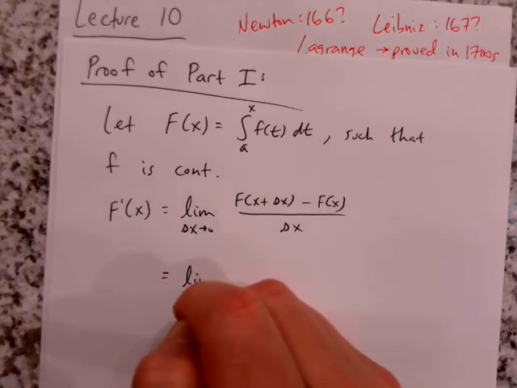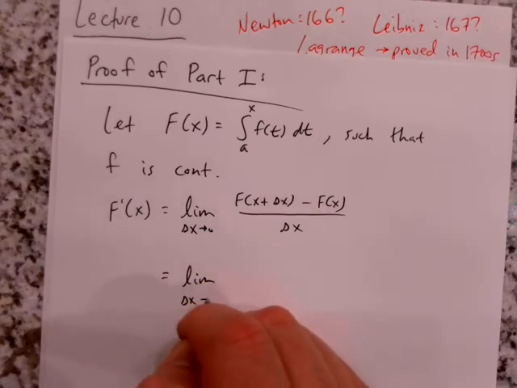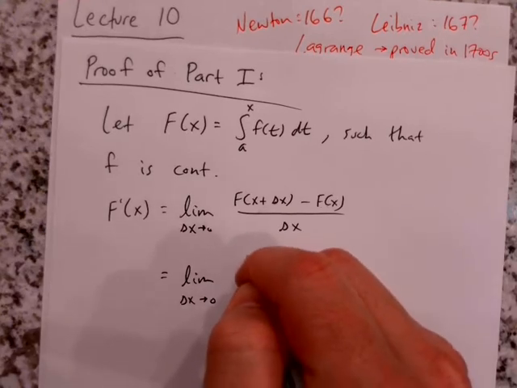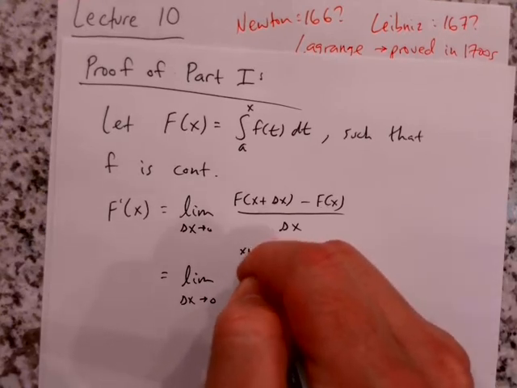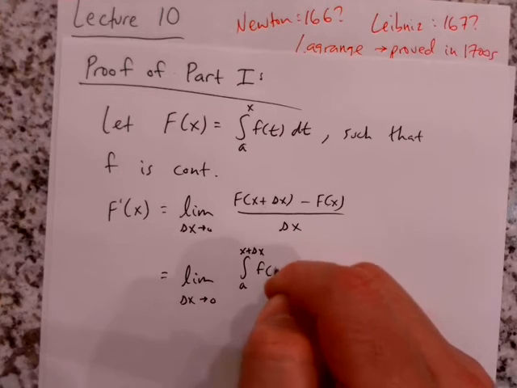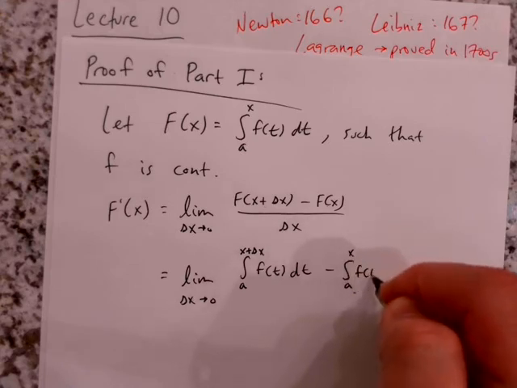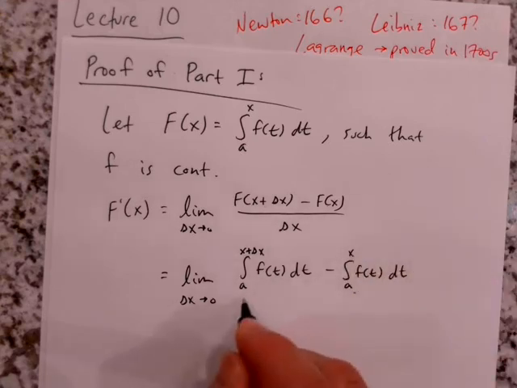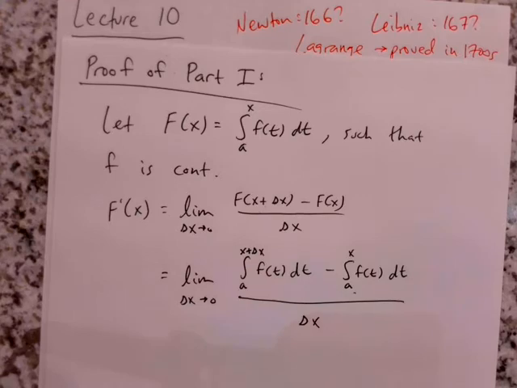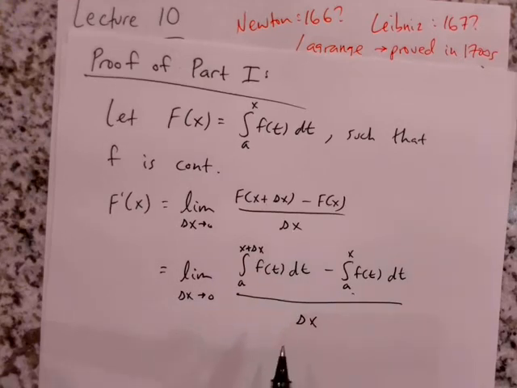So big F prime is the limit as delta x approaches 0 of the integral from a to x plus delta x, minus big F of x, which is the integral from a to x, all over delta x. And so we get to that step.